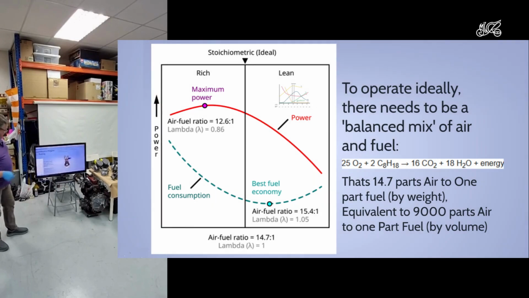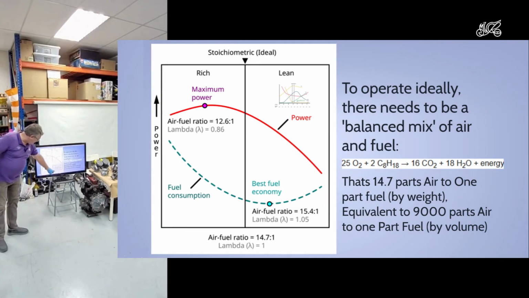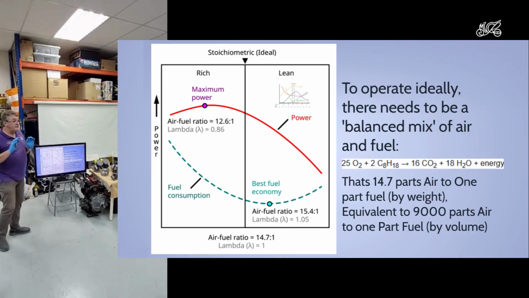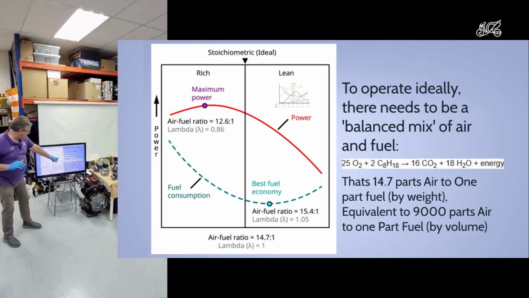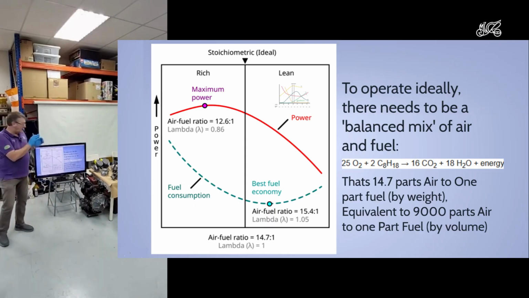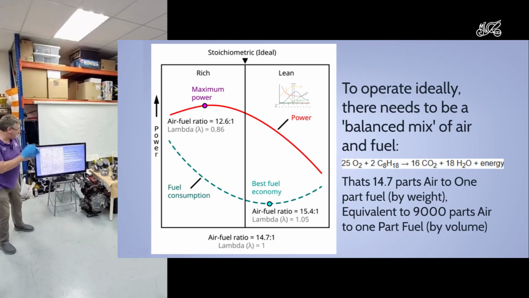And you've got this graph where a ratio of 14.7 to 1 is the right mixture for this chemical equation to work perfectly. So basically, all that's saying is oxygen plus octane goes to carbon dioxide and water plus heat.